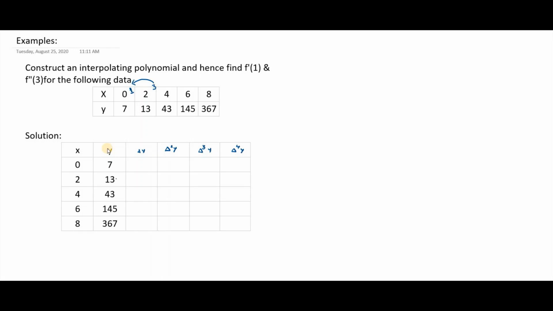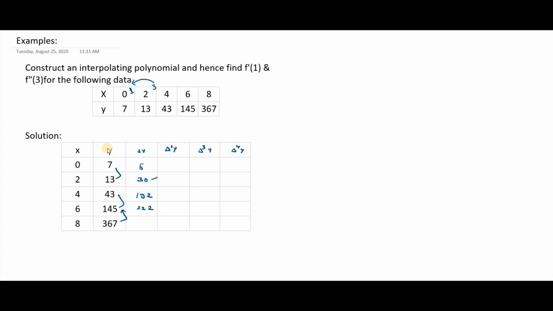Now first construct the difference table. 13 minus 7 is equal to 6. Similarly, 43 minus 13 is equal to 30. 145 minus 43 is equal to 102. And 367 minus 145 is equal to 222.